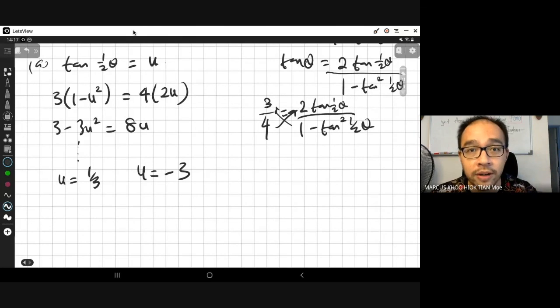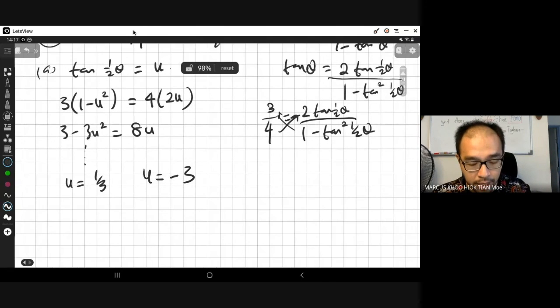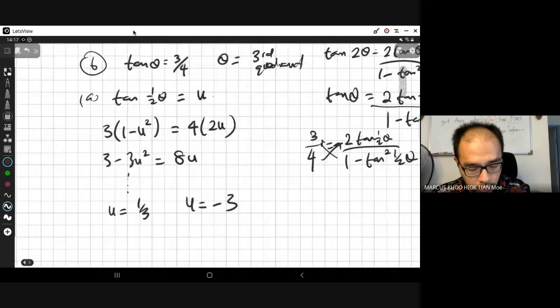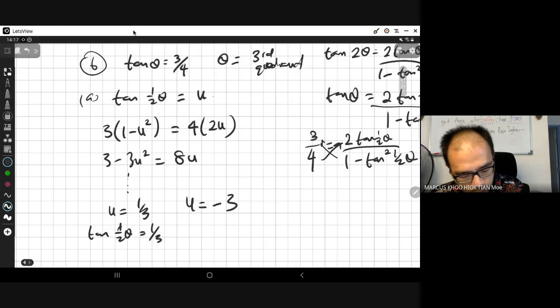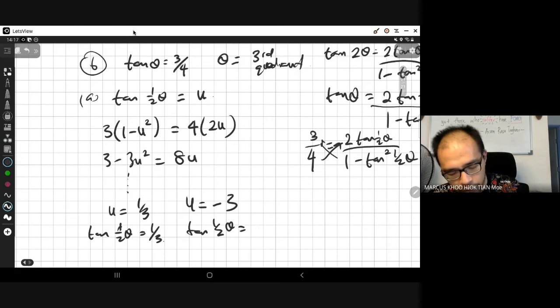Sorry, I'm doing this very fast because I'm running out of time, but the idea is there. Therefore, tangent half theta equals 1/3 and tangent half theta equals -3.